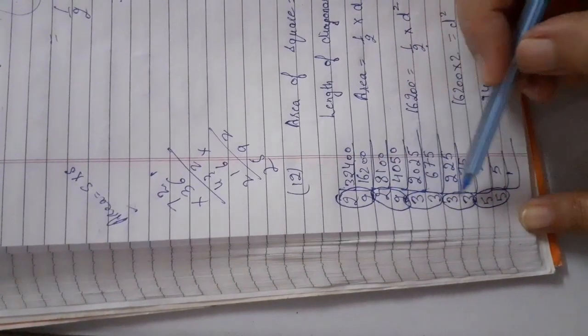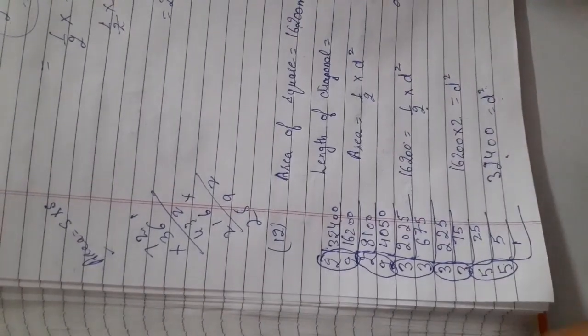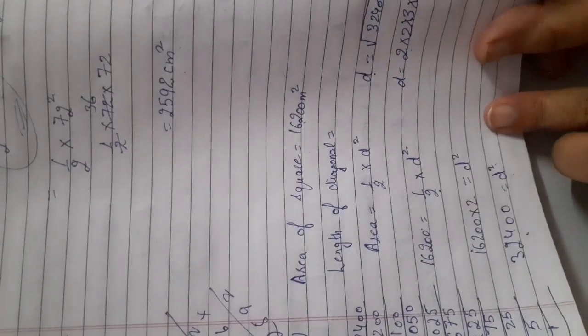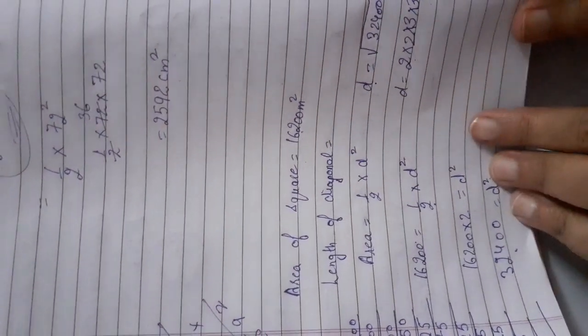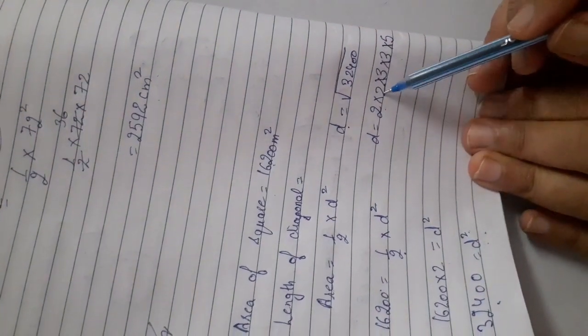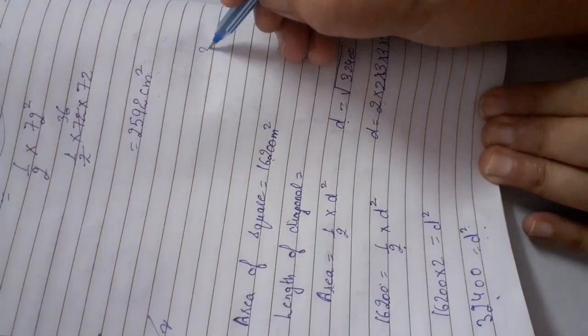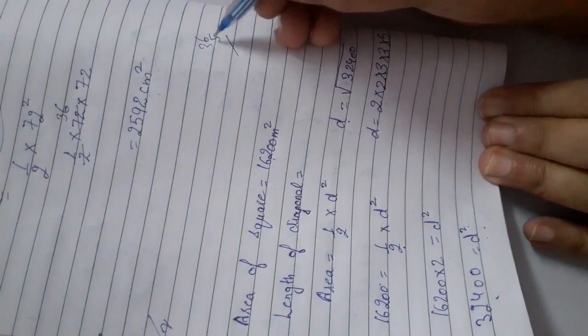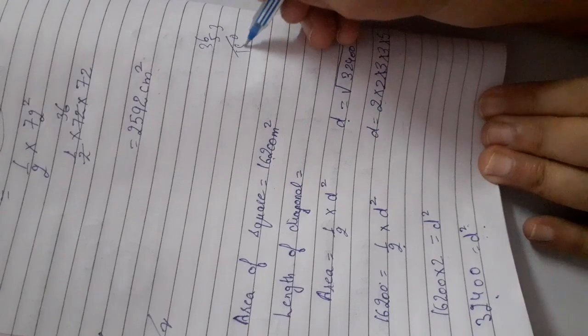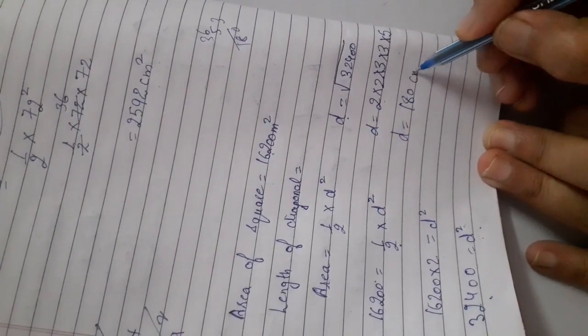So from every pair I have taken a single number, and I will multiply them. So 2 2s are 4, 4 3s are 12, 12 3s are 36, and 36 5s are 180. So the diagonal is 180 centimeter.